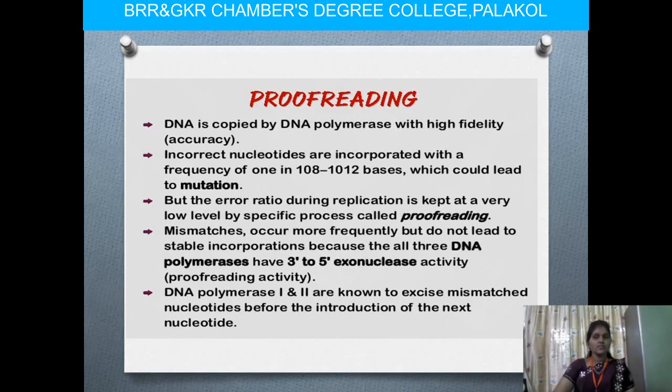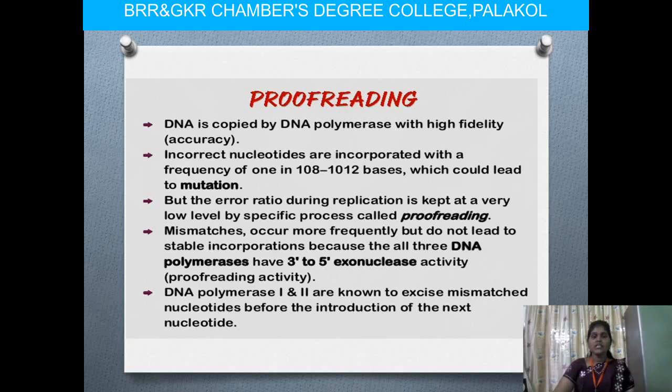Proofreading is most important for the accuracy of the DNA, for how it will synthesize the different daughter fragments, by using 3' to 5' exonuclease activity.